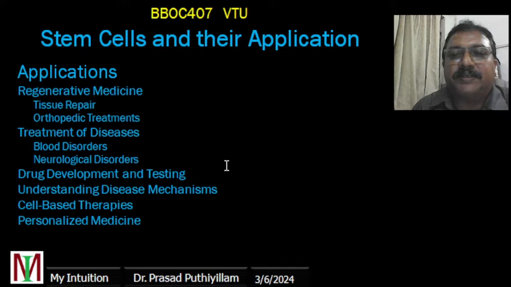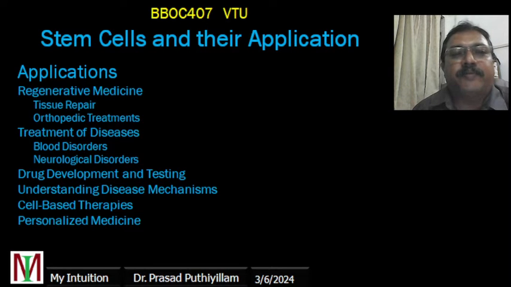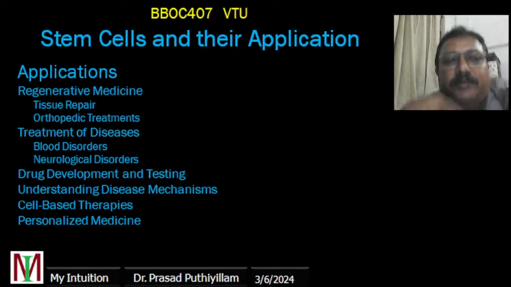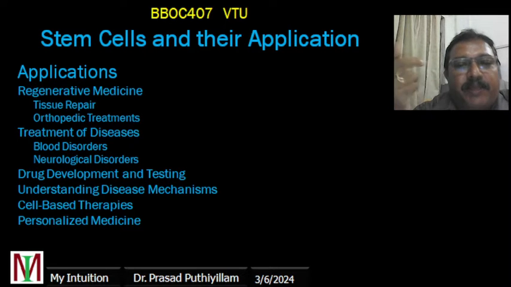Now applications, stem cell applications, so many have mentioned them. If you listen properly, you can catch a few things. In tissue repair, that is regenerative medicine, stem cells are used to regenerate damaged or diseased tissues.